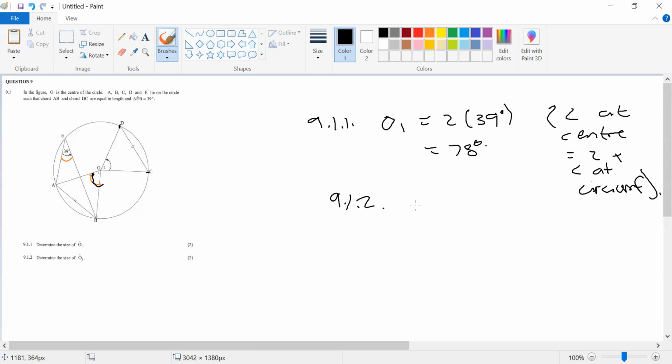So that would mean that angle O2 is equal to angle O1, simply because equal chords subtend equal angles. And then O2 is equal to 78 degrees. So that's this part done.